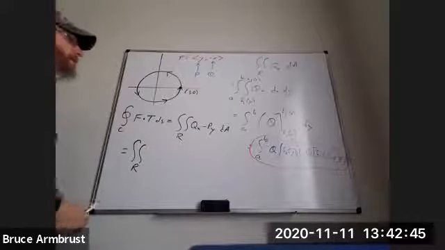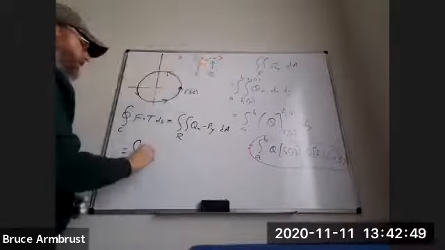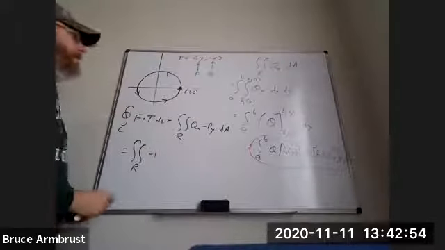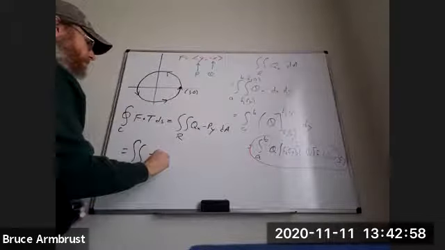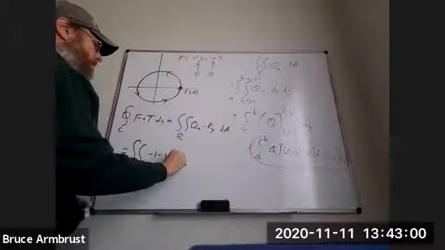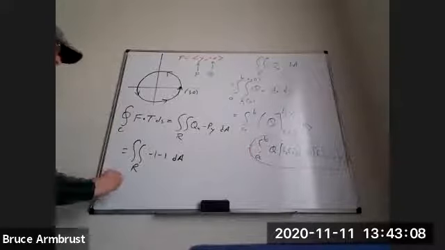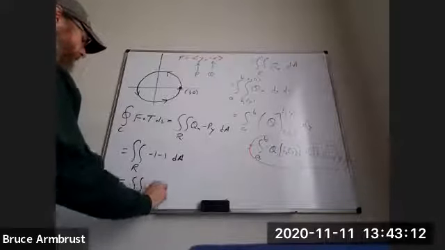So we need Qx. Qx is -1. And then we need Py, which is 1, so Qx minus Py is -2 dA. So we're going to be integrating over this region the function -2.